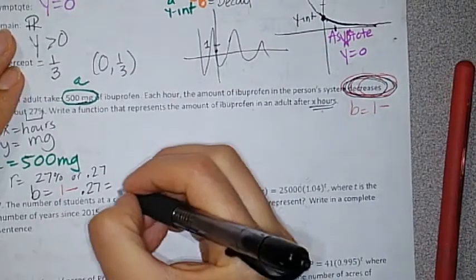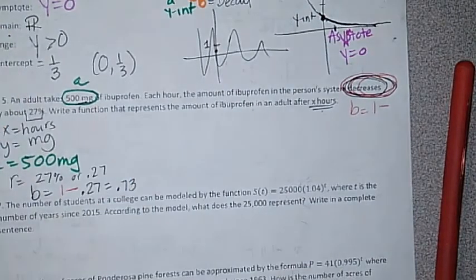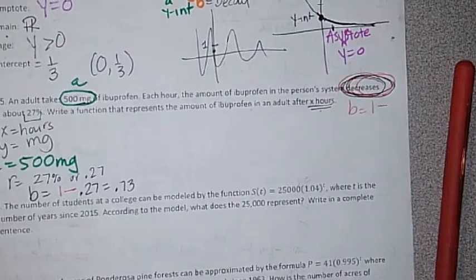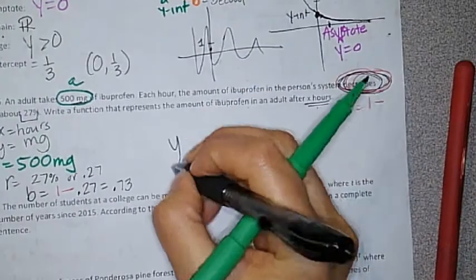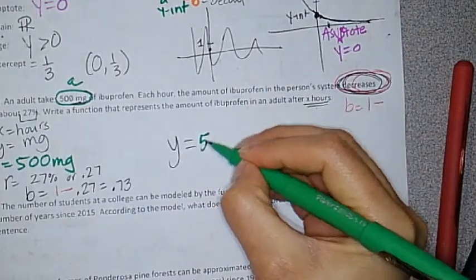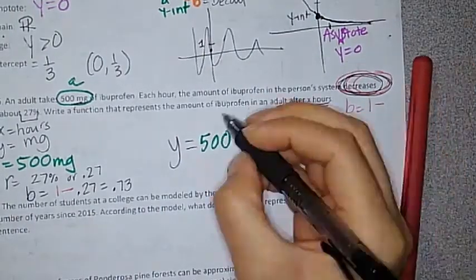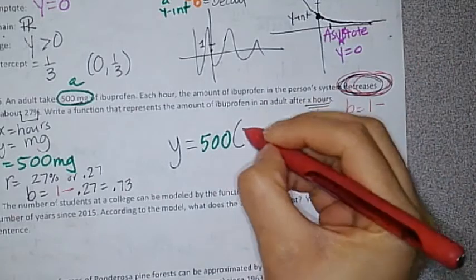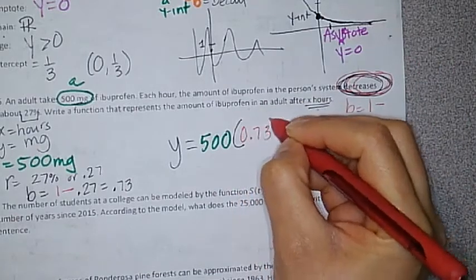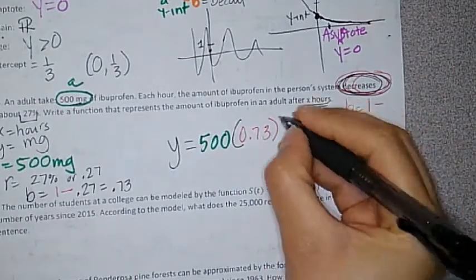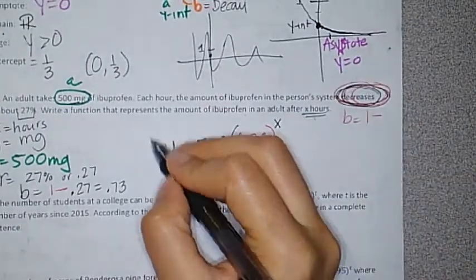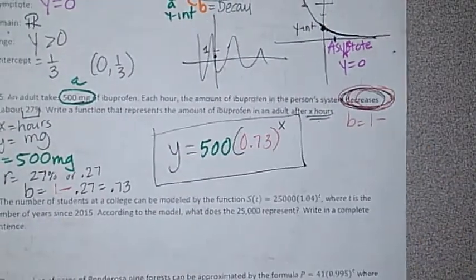It's going to be 0.73. Now I can put it all together. I can say y equals 500 times 0.73 to the x power. So this would be my equation.